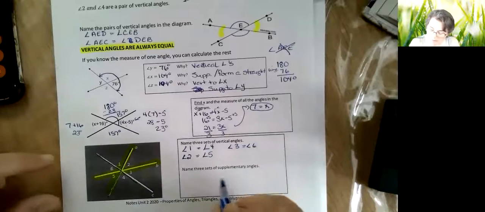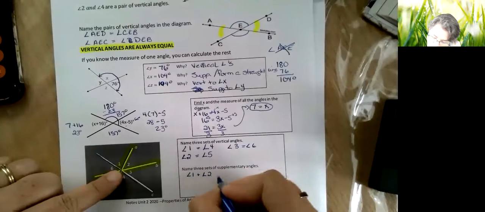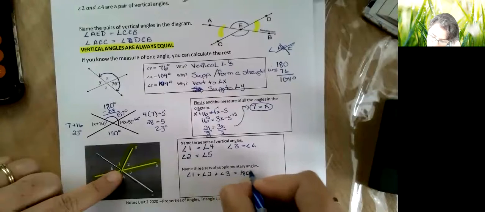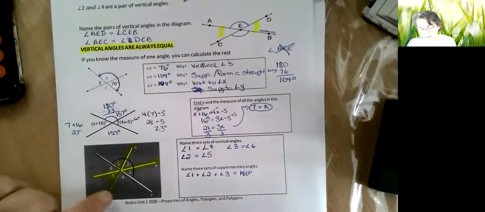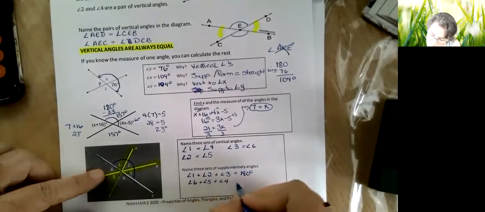All right, supplementary angles. Now, here's an example where we have more than one. So angle 1 plus angle 2 plus angle 3 is 180 degrees, right? Because you look, there you've got a delightful semicircle. If I want to do the other half of that circle, I can say angle 6 plus angle 5 plus angle 4 is equal to 180 degrees.